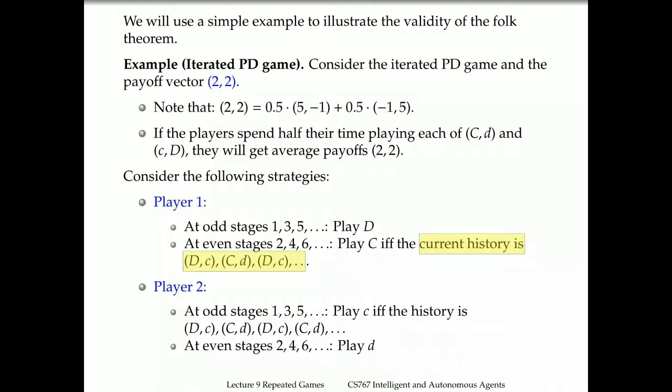So from player 1's perspective, he really wants to play this alternating DC, CD, DC, CD, but whenever anyone breaks the cycle, then player 1 would just switch to play D. So this cooperative action C is played only when the play is going on as expected. When it's not as expected, we don't play C, but instead play D.